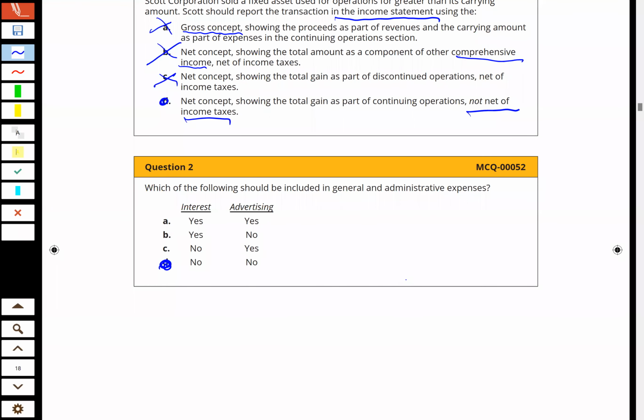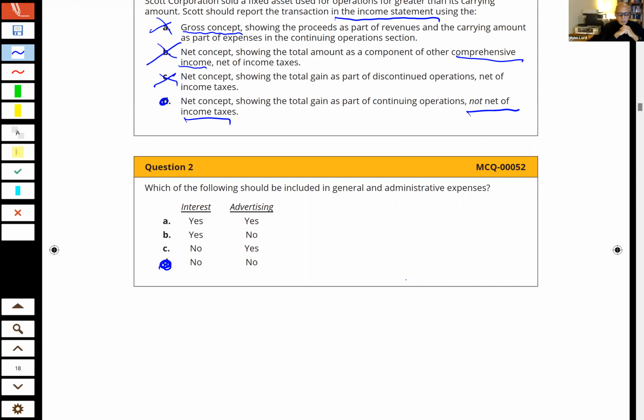So I really think if someone chose A for the interest to be G&A, they might think that, if it's a different industry, interest should be coded in G&A.